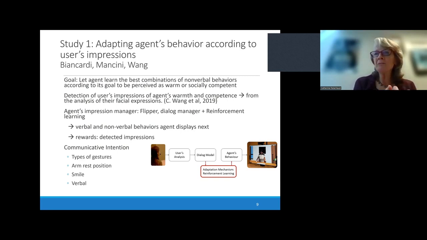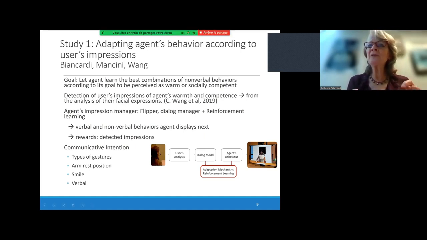For the learning part, we use reinforcement learning, where the action is the verbal and nonverbal behaviors that the agent should display next, and the reward function is the detected impression. So you can see here that the adaptation mechanism is between the dialogue model that computes the next communicative intention to be conveyed by the agent and the agent behavior.